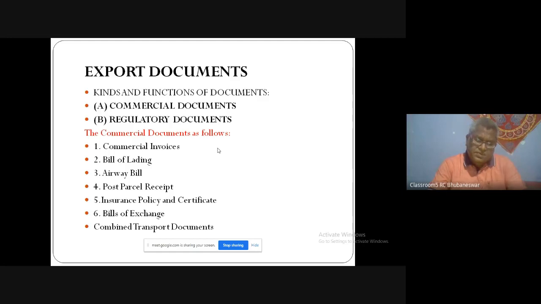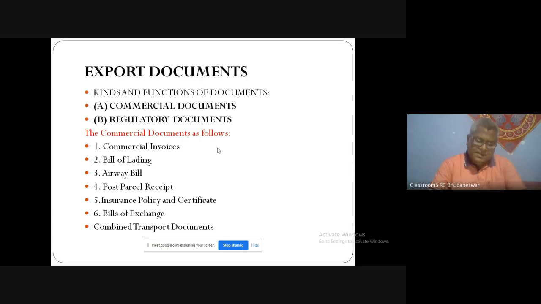For export procedures, step number 1 is the preliminary document. Step number 2 is the offer and receipt of confirmed order. Step number 3 is the production and clearance of products for exports. The 4th step is related to shipment.